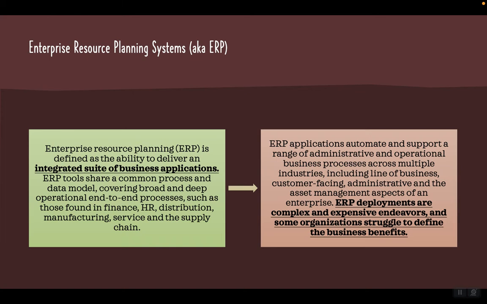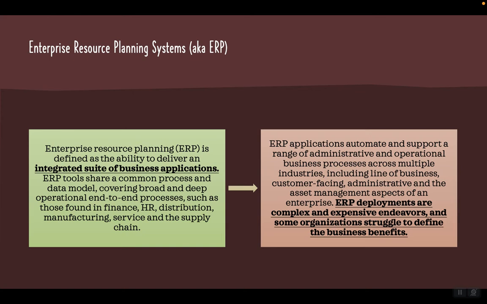They share common processes and a data model, with broad, end-to-end processes. The thing we hear more and more of, and one of the things that drove this, is part and parcel of adopting an ERP system: the adoption of a process view. Organizations need to look at how things get done, as opposed to optimizing points of their organization.